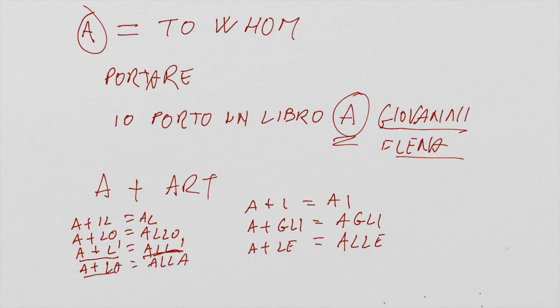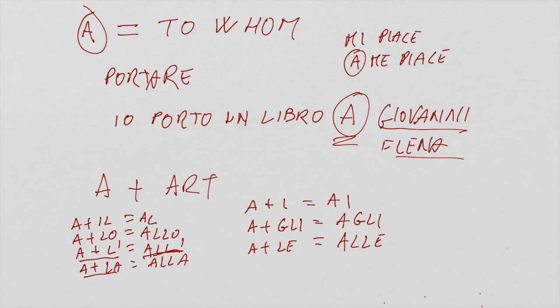Now, since we also use a with the verb piacere, for example, you know that mi piace is equal to a me piace. So we use this a even in the piacere construction.